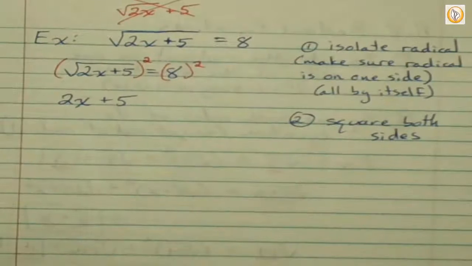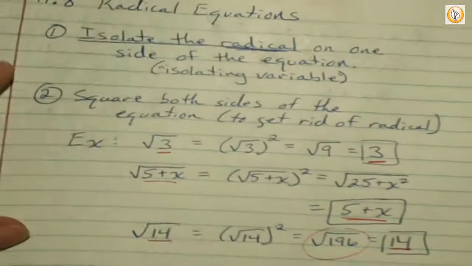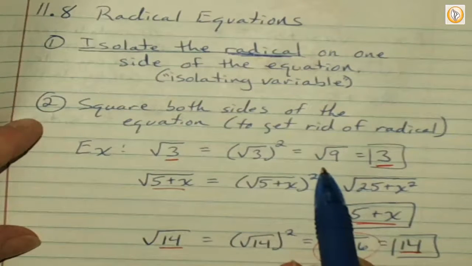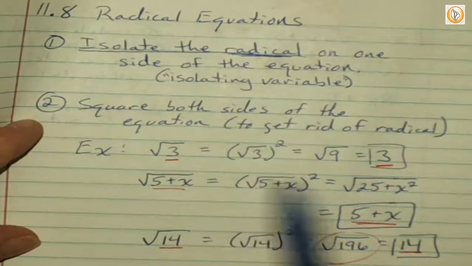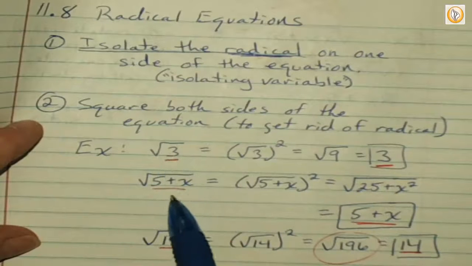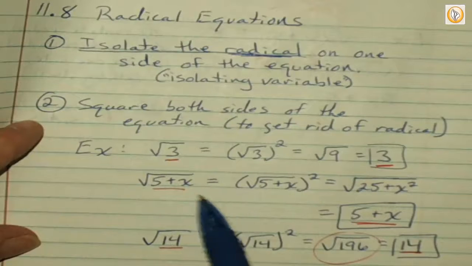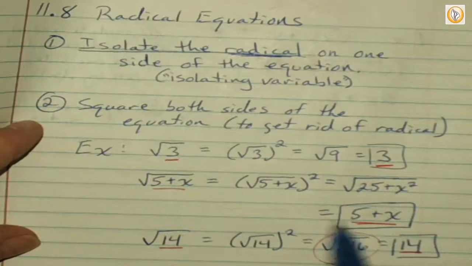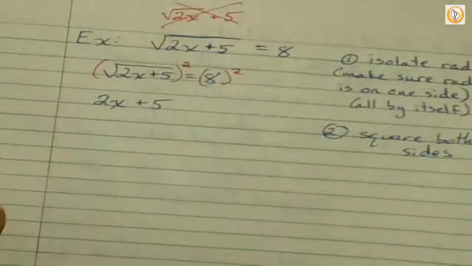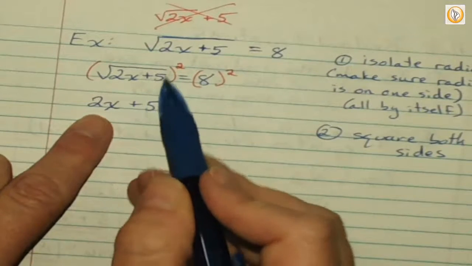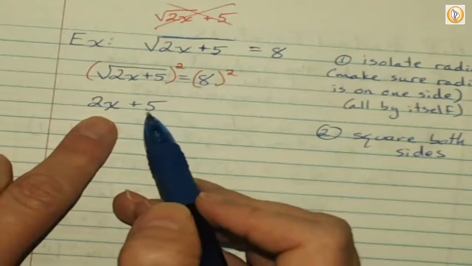All we're doing is removing the square root. Because remember over here, look. We squared. We got the square root of 9. Perfect square is 3. So we're right back to where we began. The answer is the radicand. See this one right here? If we square it, look at the answer. We're back with the radicand. So then in this case, the square root of 2x plus 5 squared is just 2x plus 5.